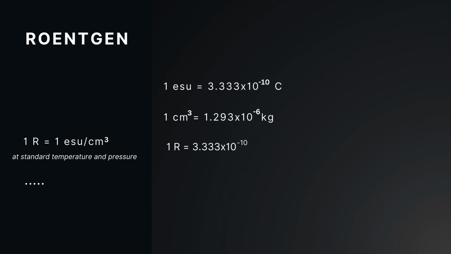So, 1 Roentgen equals 3.333 by 10 to the power minus 10 divided by 1.293 by 10 to the power minus 6, equals 2.58 by 10 to the power minus 4 coulomb per kilogram. That means the amount of charges produced when 1 Roentgen falls on 1 kilogram of air is 2.58 by 10 to the power minus 4 coulomb.